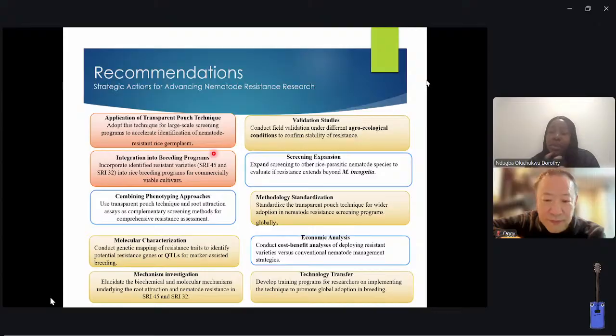And also, if able, develop training programs for researchers on implementing the technique to promote global adoption in breeding.